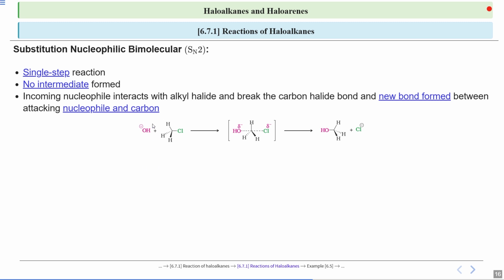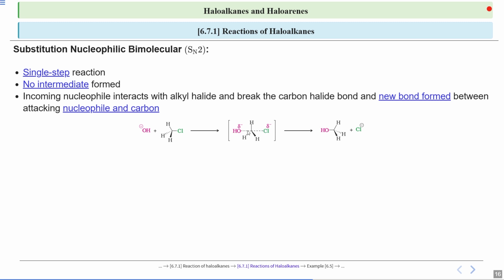So you can see the nucleophile is going to attack the carbon-halogen bond, due to which the carbon-halogen bond will start to break and the nucleophile-carbon bond will start to form. This is the state where the carbon has 3 hydrogens, and both the hydroxyl group and the chlorine are present.